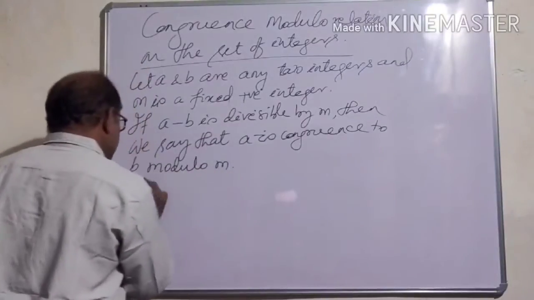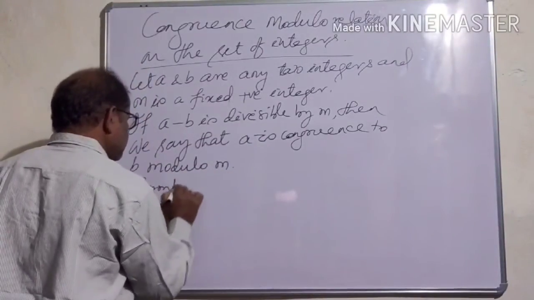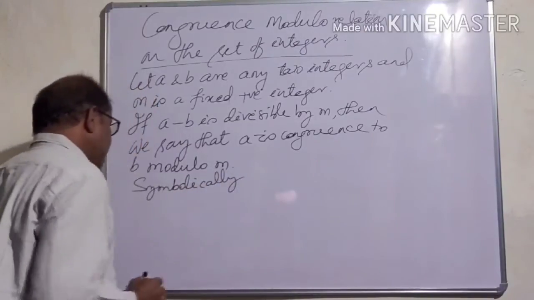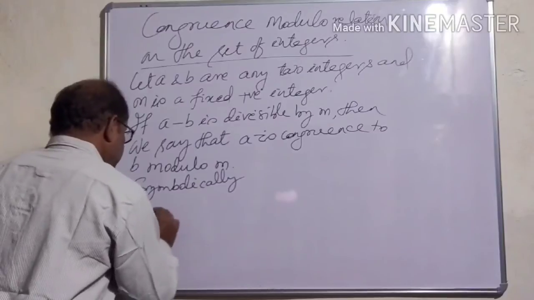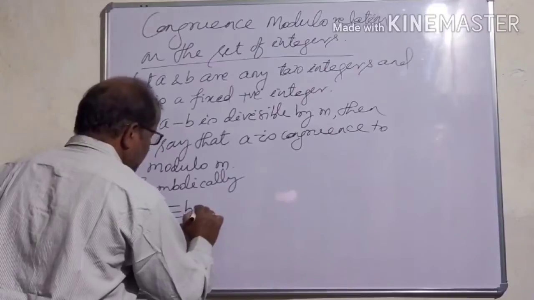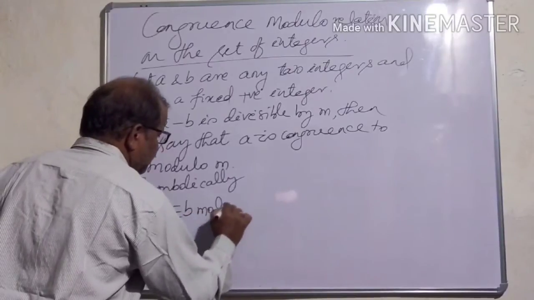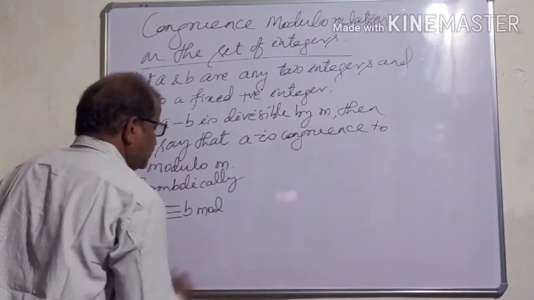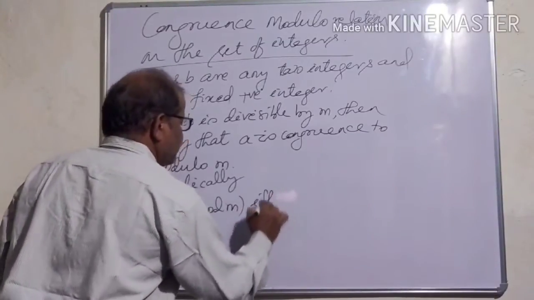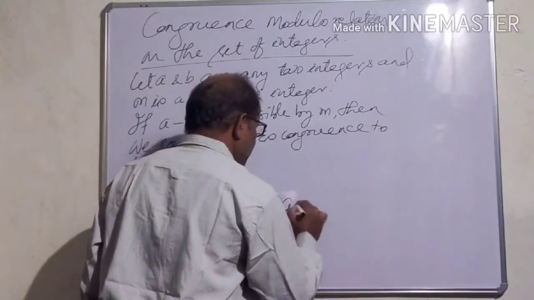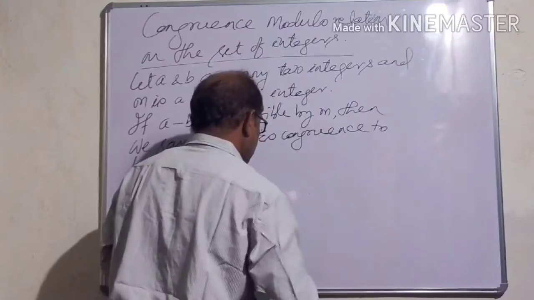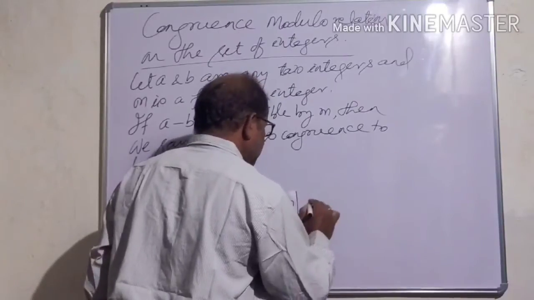Symbolically we write it as a is congruent to b mod m if and only if m divides a minus b.